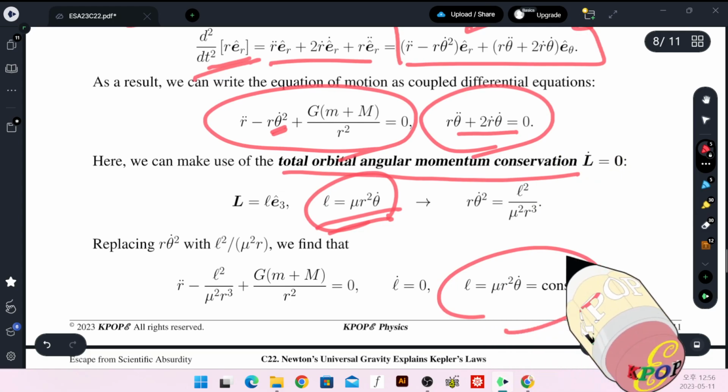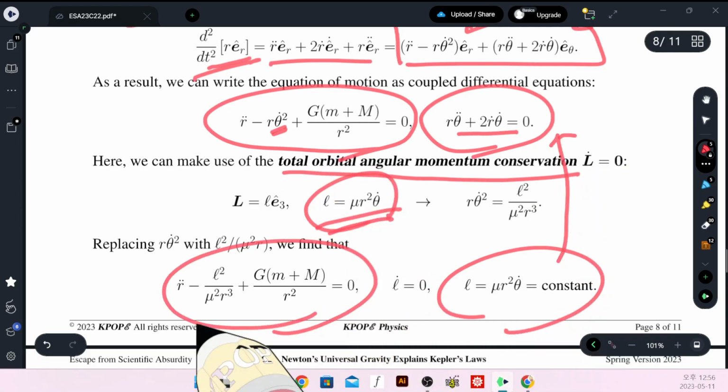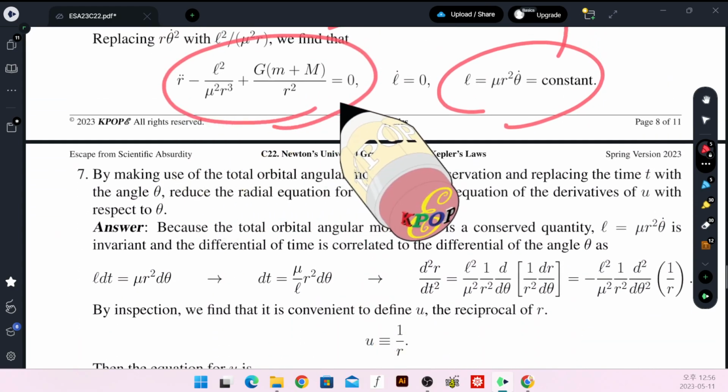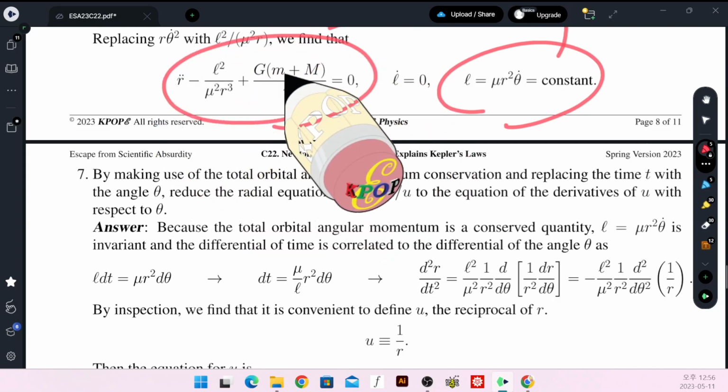It is nothing but the conservation of orbital angular momentum, and this is reduced into this form. Actually, we can convert this one into the energy equation, but we will learn that later if possible.